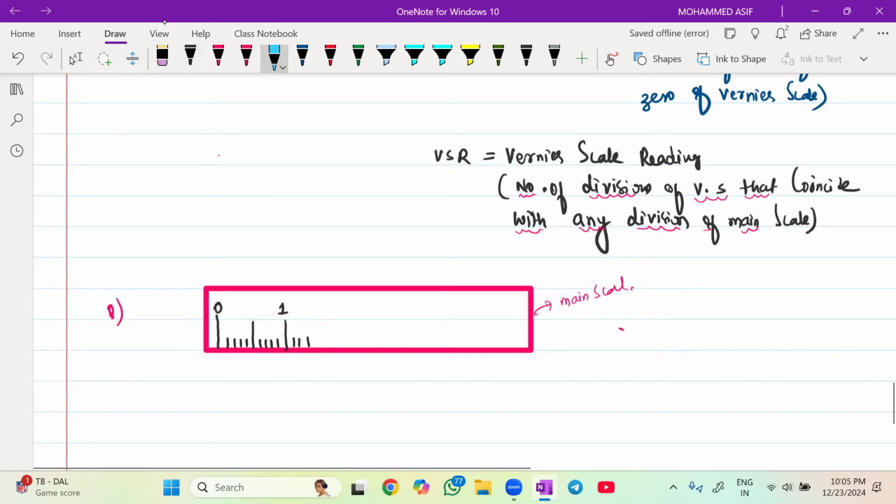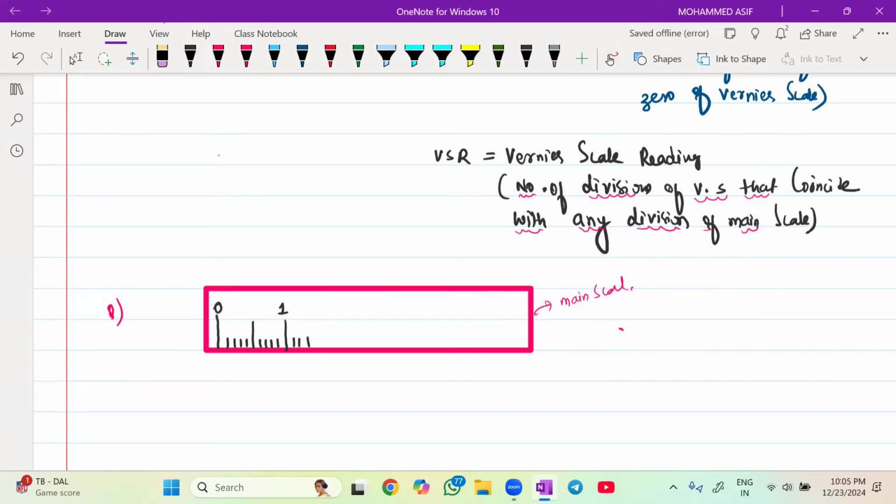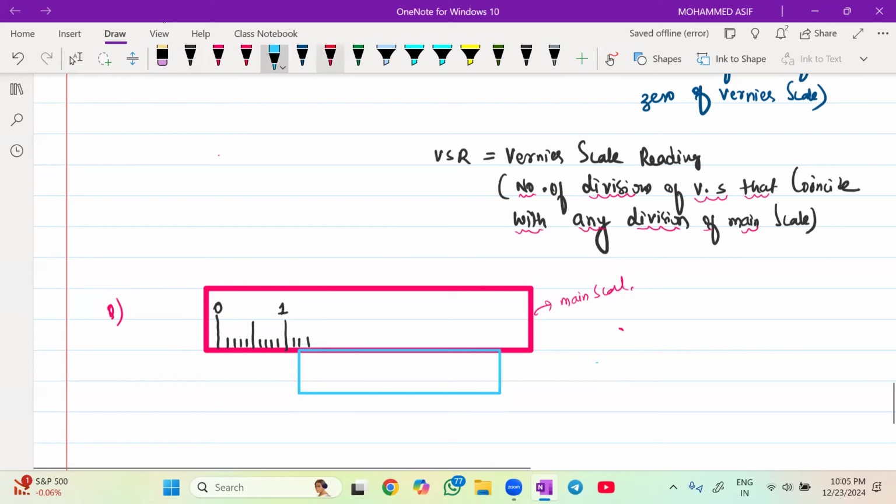Now somewhere here down there is a Vernier caliper. Right now I'm having a Vernier caliper down of this one. If I am taking this reading for this one, so this one is 1, 2, 3, isn't it? Now this one is 0.